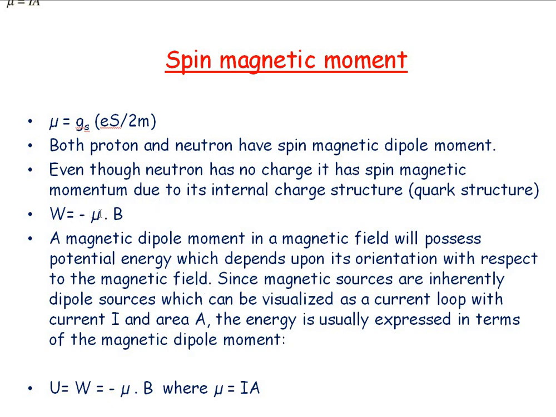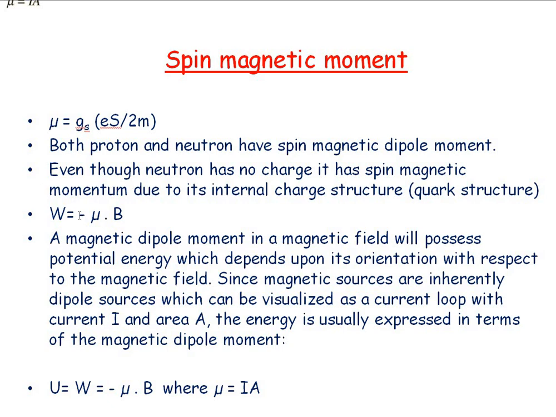This energy depends upon its orientation. When mu is parallel to B, W is equal to minus mu into B. When they are anti-parallel, its energy is positive, plus mu into B, because of the anti-parallel direction. So W is equal to minus mu B cos theta.